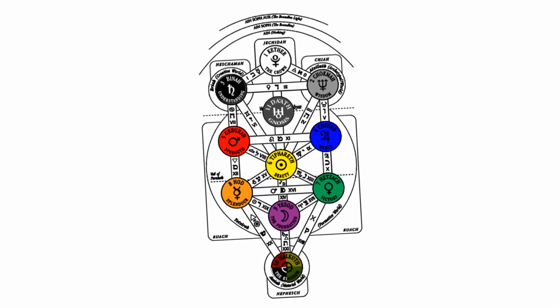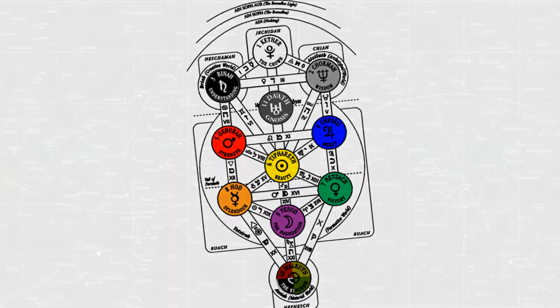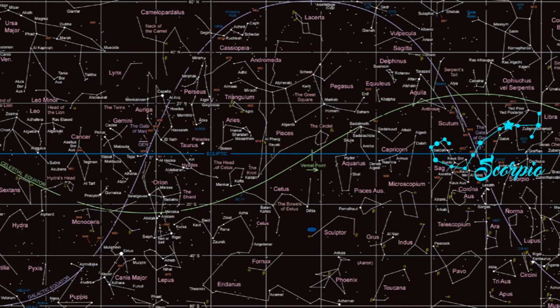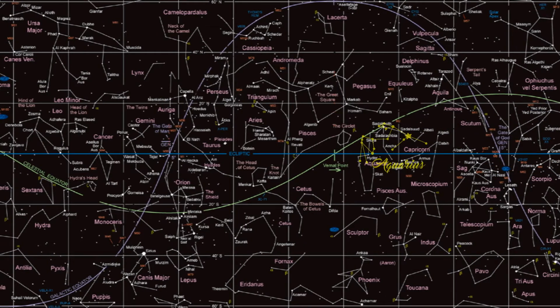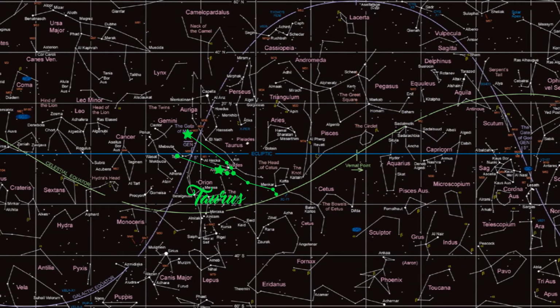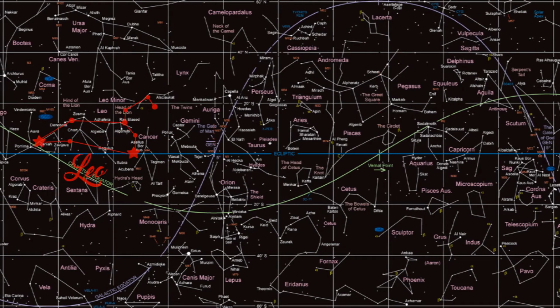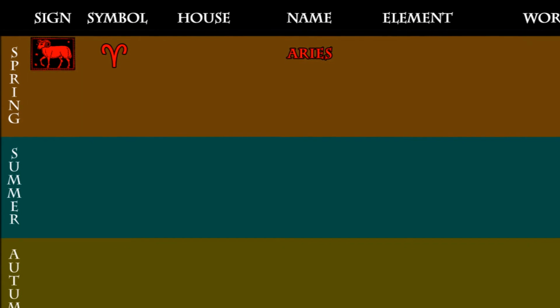Okay, so let's go through the next bit of them, and let's do the zodiac. I'm going to mark these in different colors, because that'll be a quick shorthand, because each of these zodiac signs has an elemental attribution. So I'll do them in their correct elemental colors. We start with Aries, right?